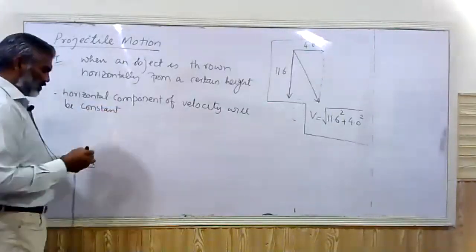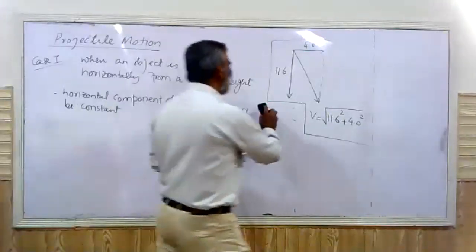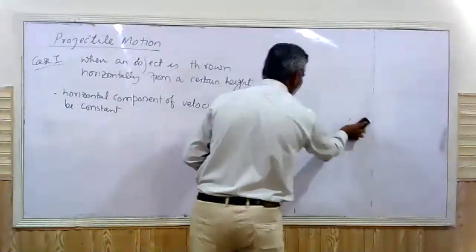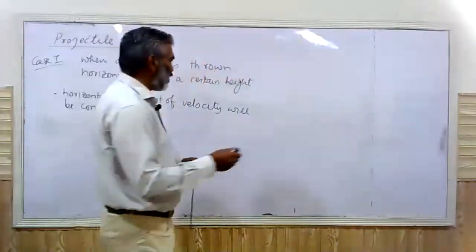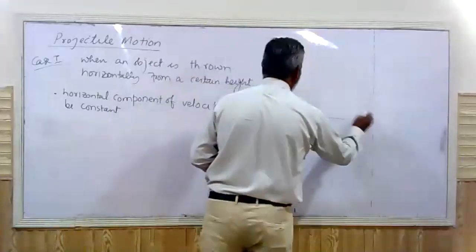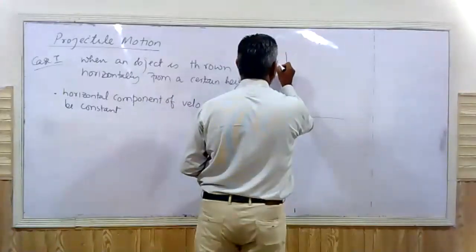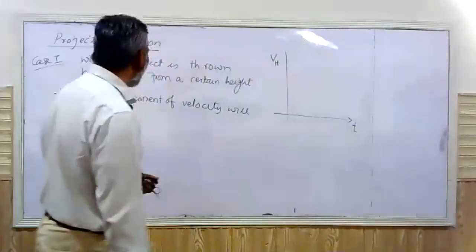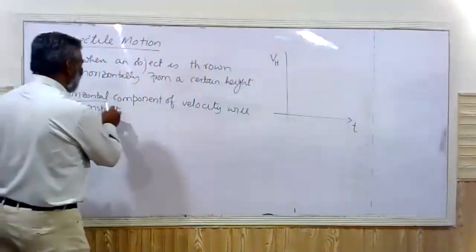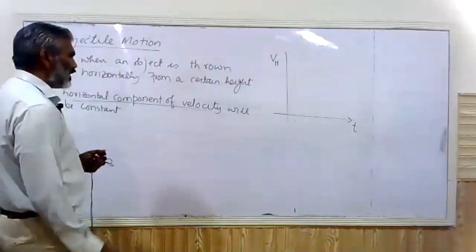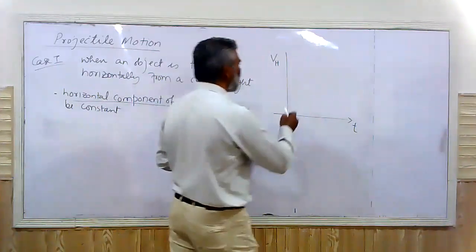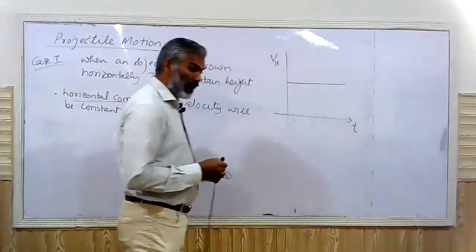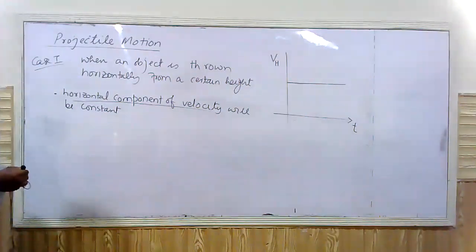So if they ask me to show the velocity-time graph of the horizontal component alone, what should be the shape of this graph? This is the horizontal component of velocity, so I write it VH. This is time. What is the shape of the horizontal component of velocity in time? Since it remains constant always, whatever its value in the beginning will remain the same.